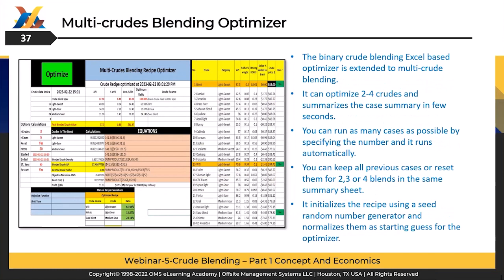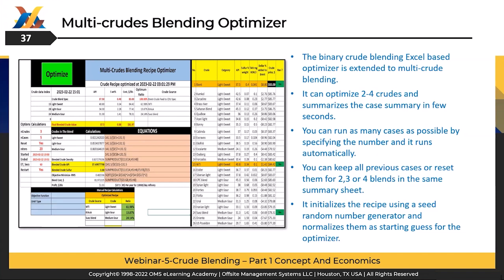Now let's talk about multi-crude blending from 3 to 4. In this example, I have taken 3 crudes, again keeping WTI as the base case, and I can select any two additional crudes. Now the technique here is like you're given a set of 5 darts to throw at the dartboard, and you are given 20 times the chances.